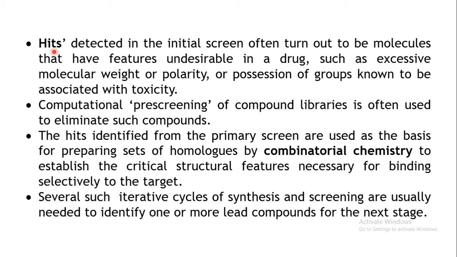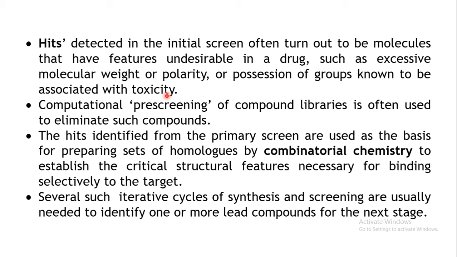Okay, so by initial screening, you have identified a few of those compounds which may have desirable property or which may interact with your target molecule in a better way. But all of these lead compounds may not show ideal property. Some of them may have excessive molecular weight or polarity, or some may have certain groups which may be responsible for toxicity.